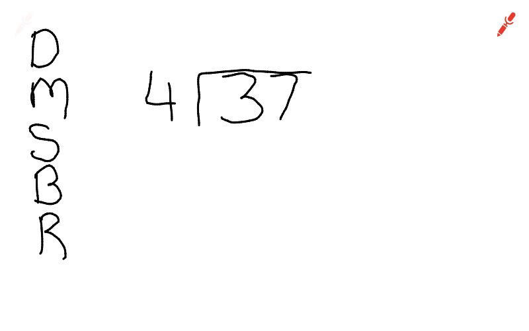The first thing we need to do is figure out our dividing. Does 4 go into 3? No. So we can put an X there. Does 4 go into 37? Yes. 4 goes into 37 9 times. We've just completed our dad step. And then we want to do our mom step of multiply. 4 times 9 is 36.